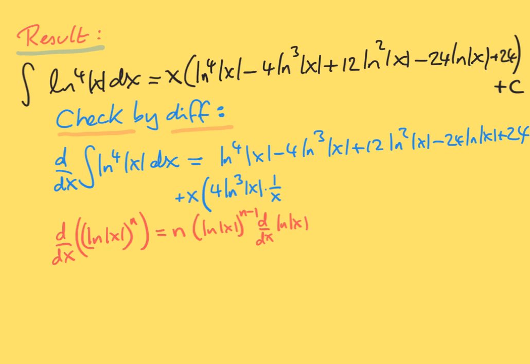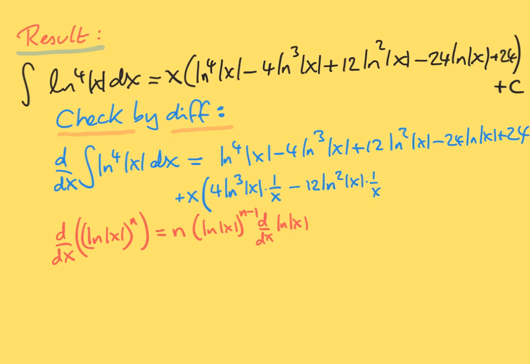Okay, let's just carry on and just do the rest of it. So we've differentiated this term, and now we have to differentiate this term. So what we get is minus, and that's minus 4 times log cubed. So we're going to bring the 3 in front. 3 fours are 12. So we get minus 12. We reduce the power by 1. So we go from log cubed to log squared of x times a 1 over x.